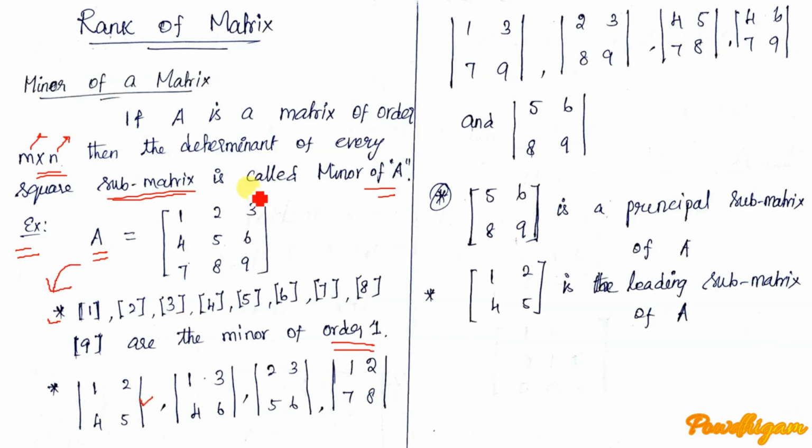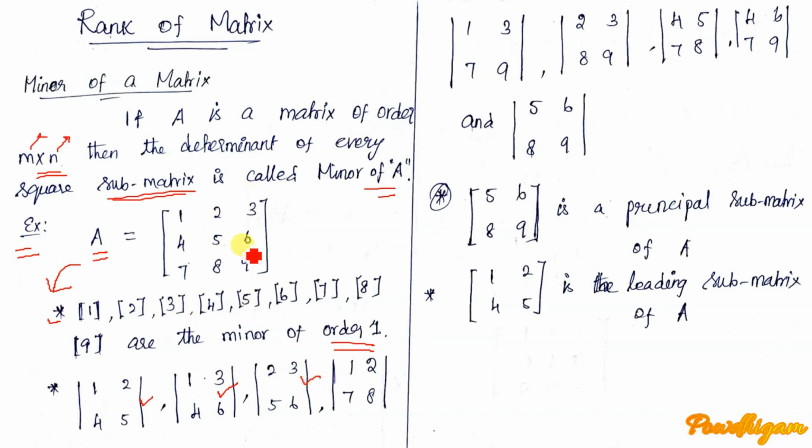Similarly, if you eliminate this row and this column, you will get 1 3, 4 6. This is another minor matrix. If you eliminate this row and this column, you will get 2 3, 5 6. This is another minor matrix.